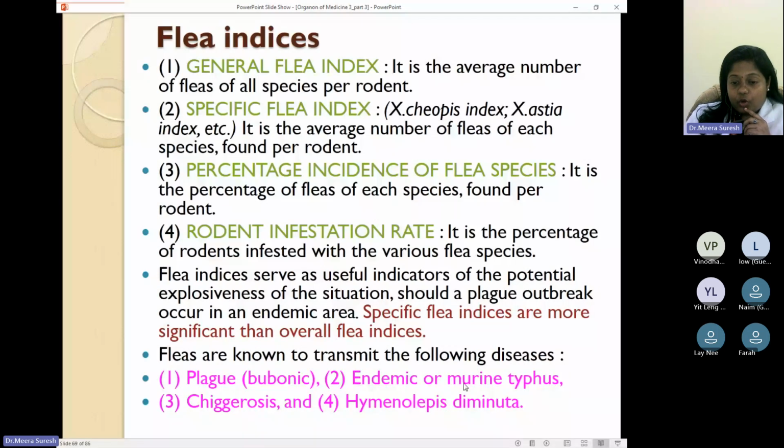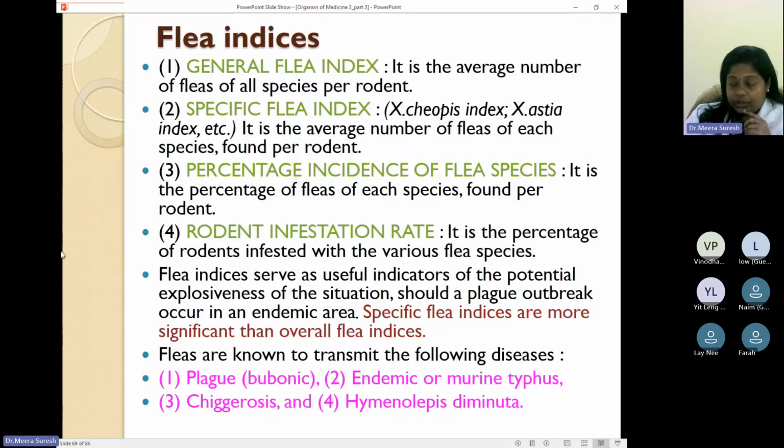Fleas are known to transmit the following diseases, mainly the plague. We saw that the endemic or murine typhus, tuberculosis, and also Hymenolepis diminuta. So, in case I ask you the question about the plague, then even if you don't mention all those things, doesn't matter.